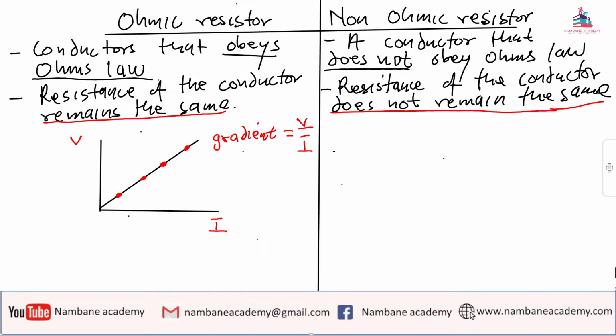So let's write R, which is equal to V over I. So by definition, the potential difference is directly proportional to the current in the conductor. What does that say?